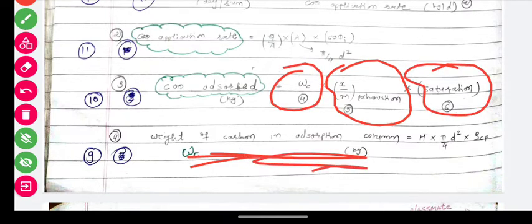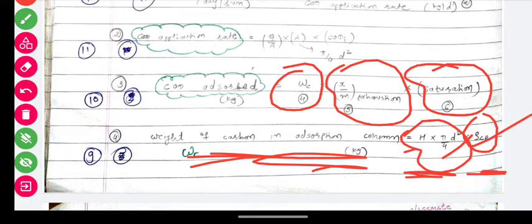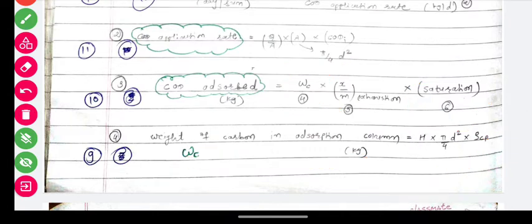You can calculate it by multiplying volume into density. This is your volume, pi by 4 d square dh, and this is your density. Both are given, so you can calculate WC. Okay, so this is done. Now these two terms are unknown. This is the exhaustion x by m ratio. It is nothing but adsorbate upon adsorbent.